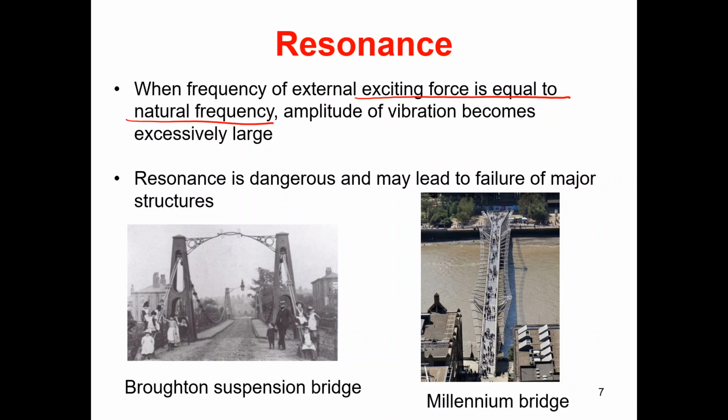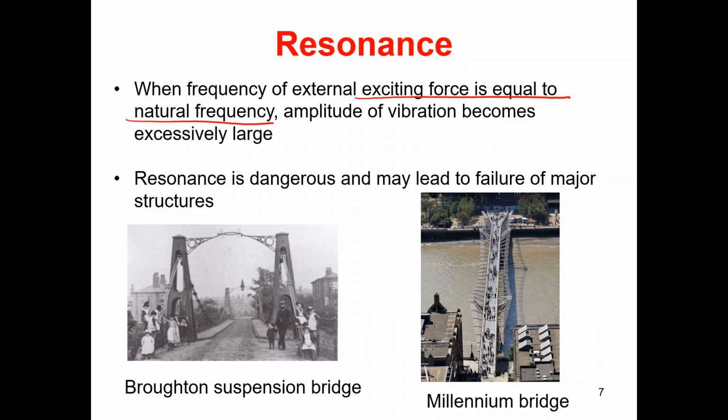The problem with this one was that the natural frequency of soldiers marching on a bridge, or trains moving on a bridge, or cars moving on a bridge were well known up until this point, but the natural frequency of random people walking on a bridge was not known.